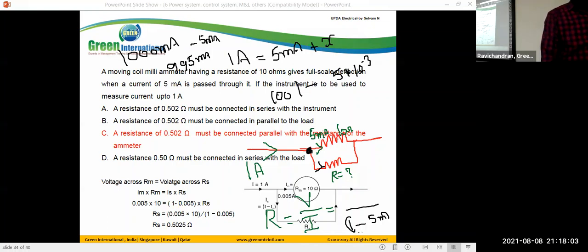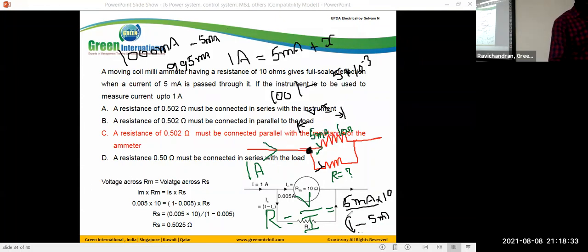We may multiply the resistance and current to find the voltage, correct? V is equal to I into R. What is I? 5 milliamps. What is R? 10. That is 5 milliamps into 10. Correct? Now we are able to get the unknown resistance.